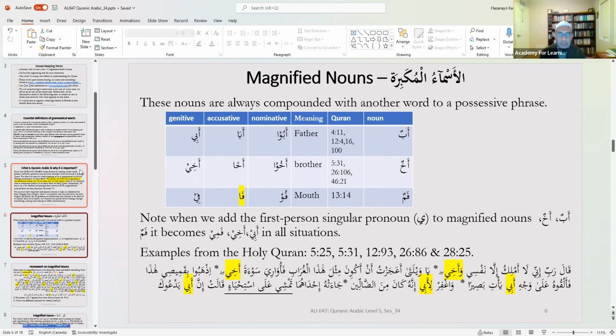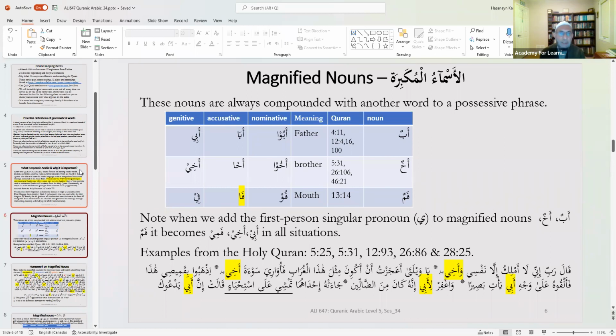Of course, abi is my father. So of course, mudaf ilayh, that's fine. But then abi can also be abi and still remain nominative. For example, let's say, kataba abi ila ummi. You want to say that my father wrote to my mother, right?